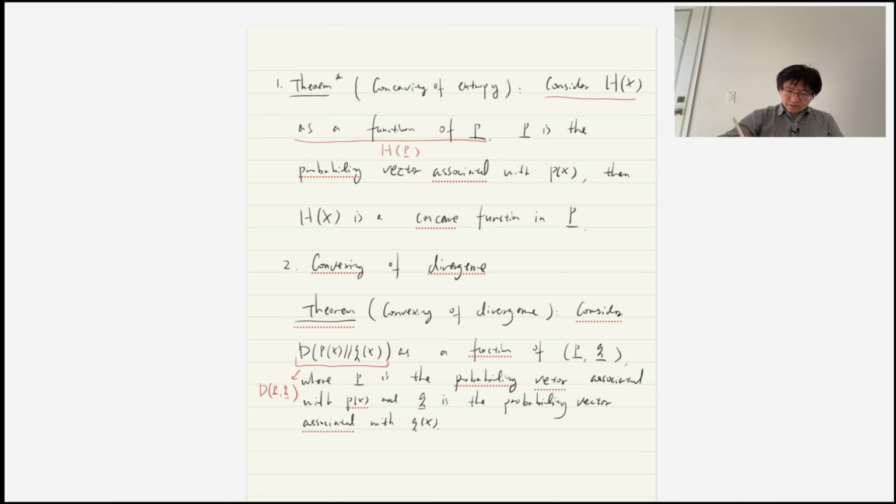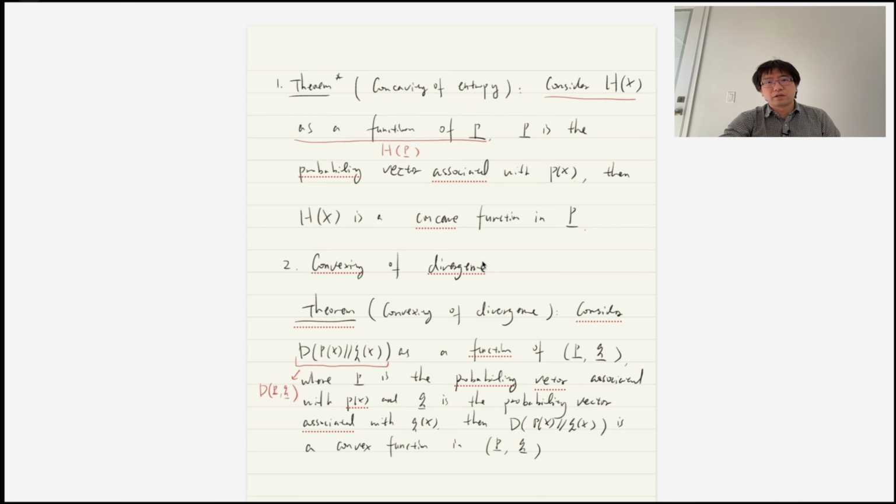So the relative entropy, or the divergence, is a convex function in (P, Q).